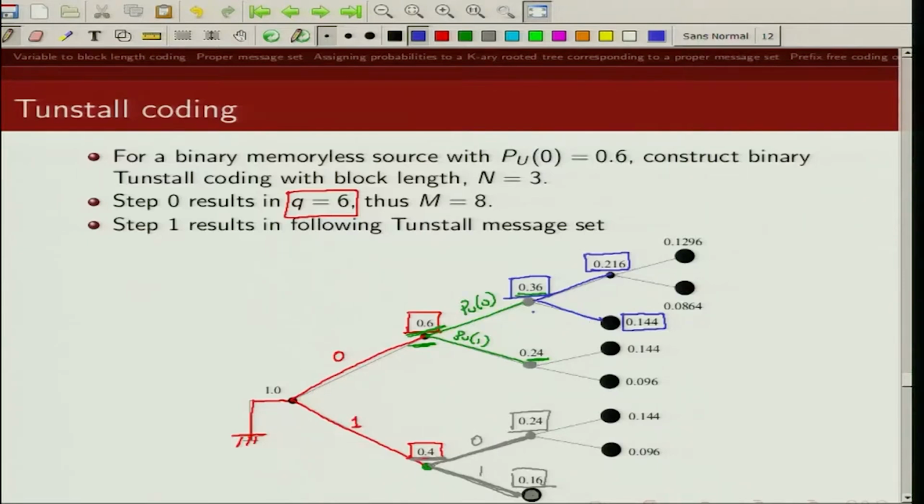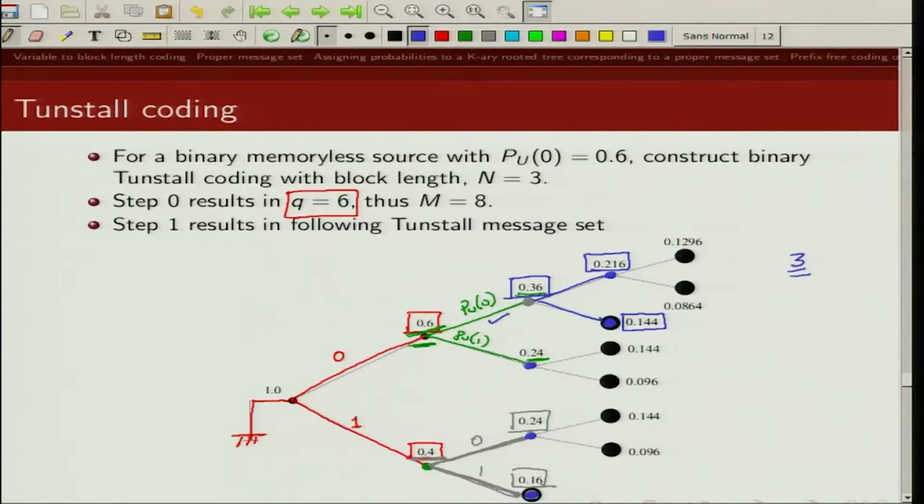So at the end of the third extension, I have these following leaves. This leaf has probability 0.216, this leaf has probability 0.144, this leaf has probability 0.24, this leaf has probability 0.24 and this leaf has probability 0.16.